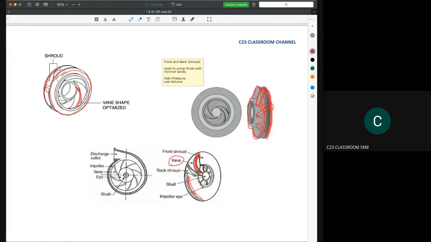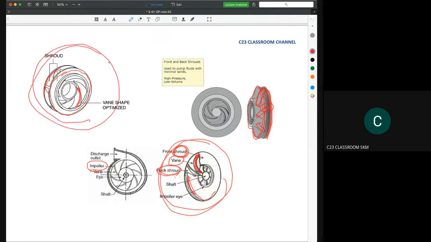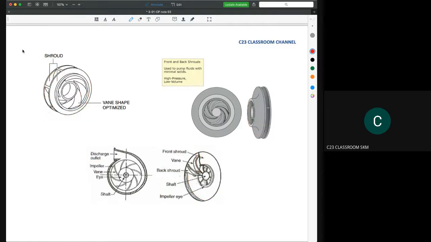These two discs are called the shroud. We have the front shroud and then we have the back shroud. The total of this, the shroud plus the vane, or shroud plus the blade, is called the impeller. So the impeller here is actually the total part of this. I hope you could understand this, because when you read a lot of books, you get confused.